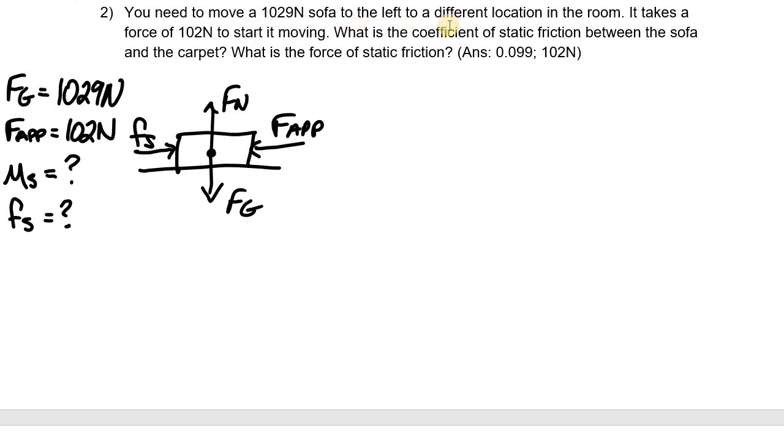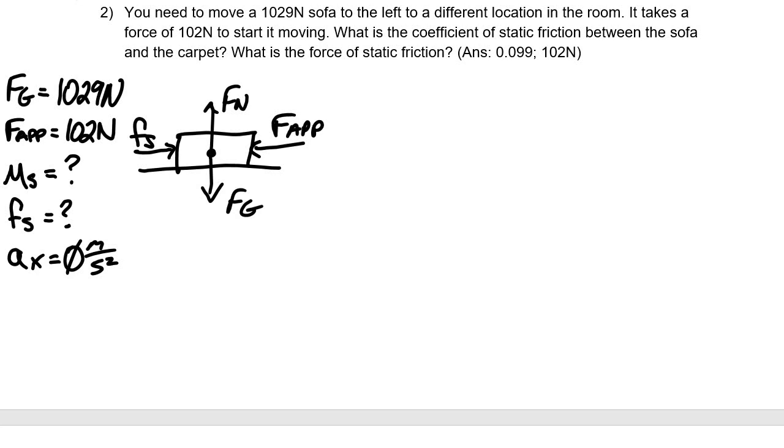Oh, wait a minute. Is this object moving? No, right? What's another thing we could pull out right now? What would you say the acceleration is in the x direction if the object is not moving? All right, and we have all of our information right now.